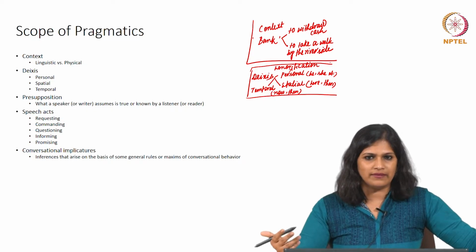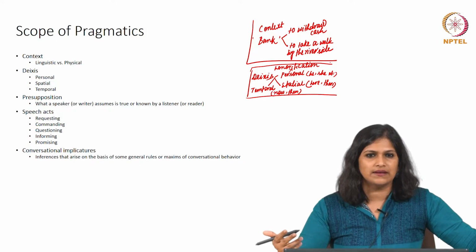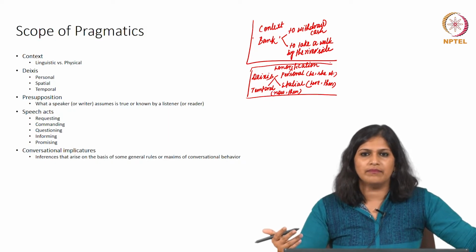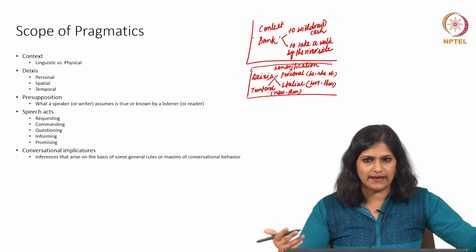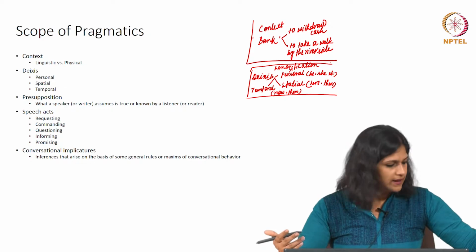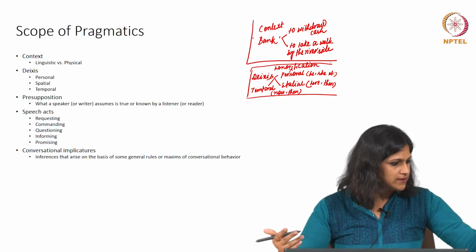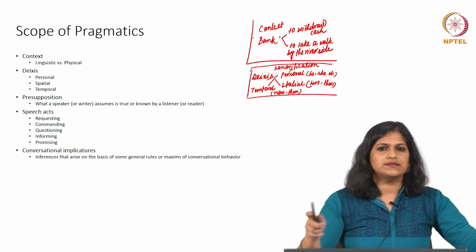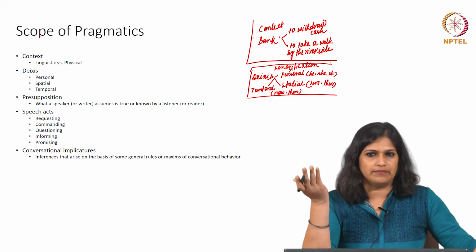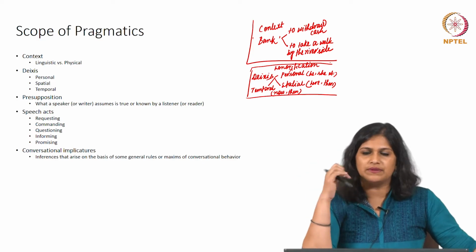And when I utter this statement, I assume that the listener already has a brother. That is one example, and maybe the other example that Yule gives.